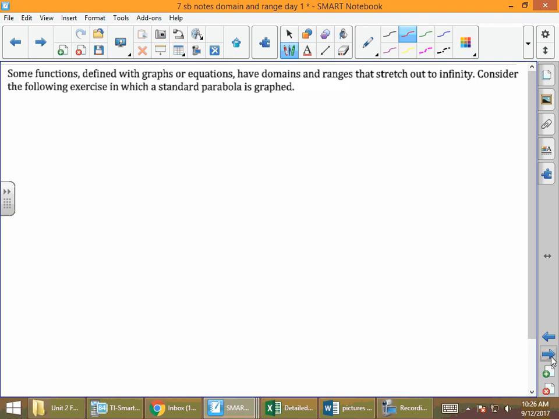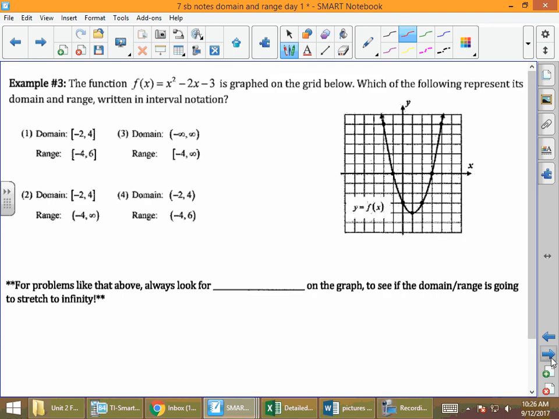Some functions, defined with graphs or equations, have domains and ranges that stretch out to infinity, like the parabola here in our next example. So here's a parabola represented by that function, x squared minus 2x minus 3. We want to come up with the domain and the range, written in interval notation.